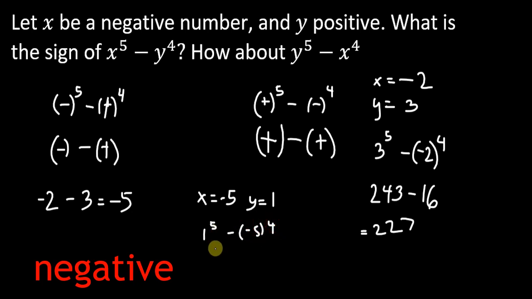So, 1 raised to 5 is still 1. Negative 5 raised to 4, that is 625. So, 1 minus 625, that is negative 624. This time, negative naman. So, hindi natin ma-determine kung ang sagot ba sa y raised to 5 minus x raised to 4 is positive or negative.